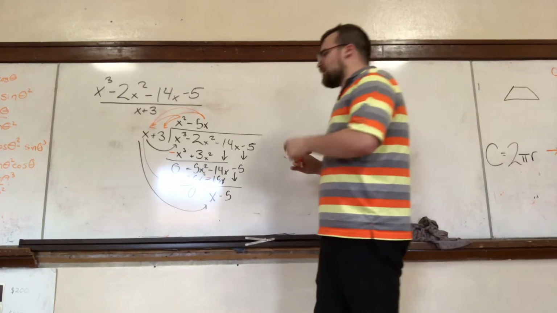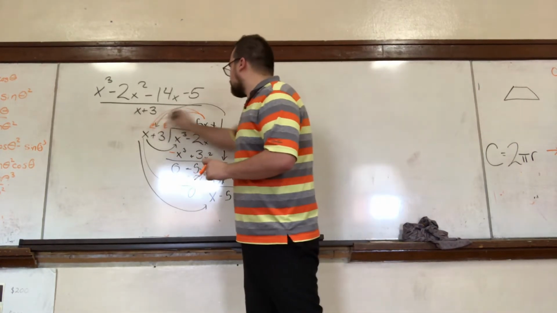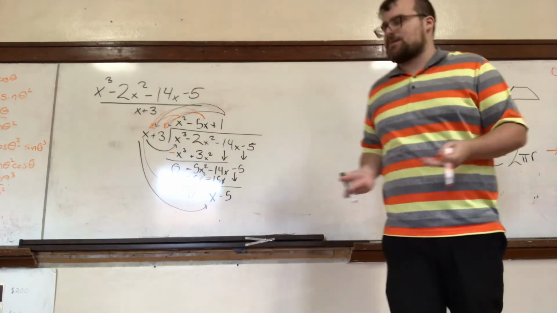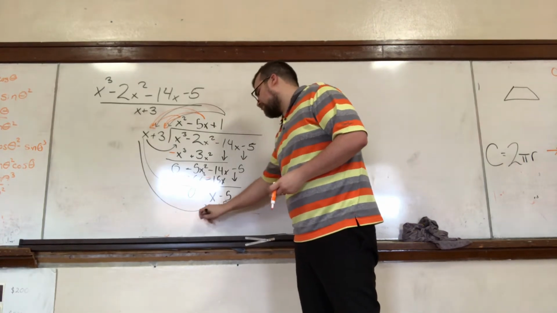If you want to keep a number the same, you multiply it by 1. Again, that 1 distributes into these. Anything times 1 is itself, so we're still going to get x plus 3 down here.